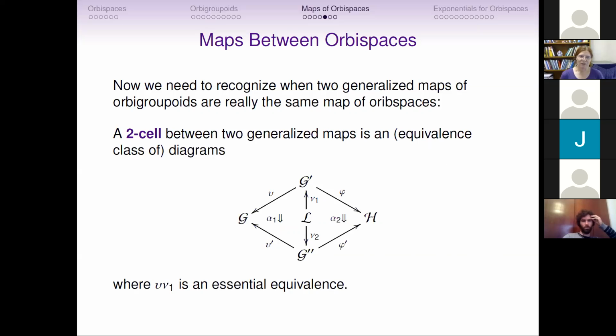We want to be able to recognize when that really was the same thing. Everything on the left side of that, G, G prime, G double prime, are all just going to be different representations of my same Orbispace. So you can kind of think of this as being like a common refinement.